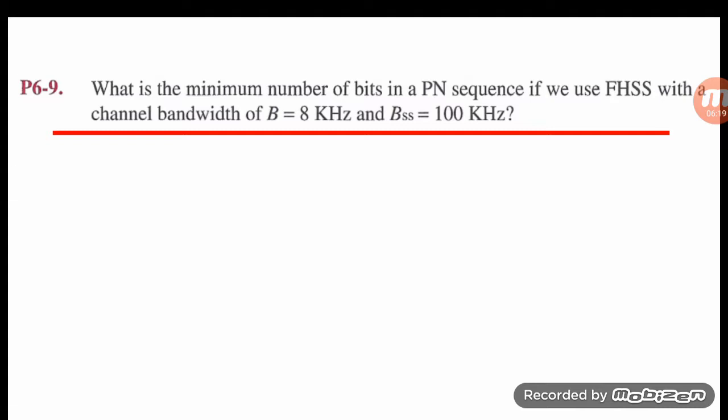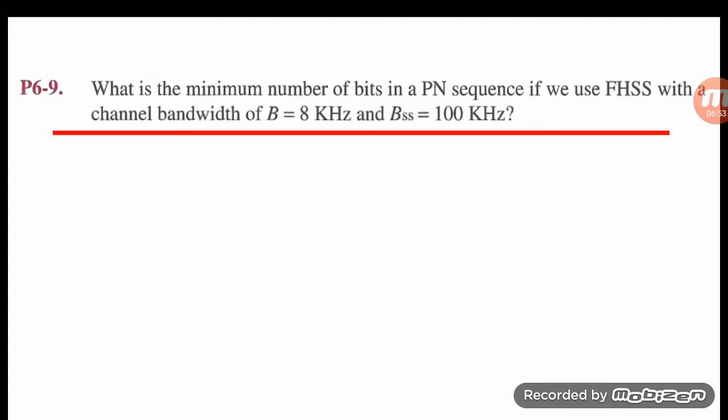So you need 12.5 different frequencies if you want to increase the bandwidth from 8 to 100 kilohertz. So how many bits should I use to get 12.5 different combinations? 3 bits give 8 combinations, but I need 12 and a half different combinations. You can't do it with 3; it should be higher. So why 8?